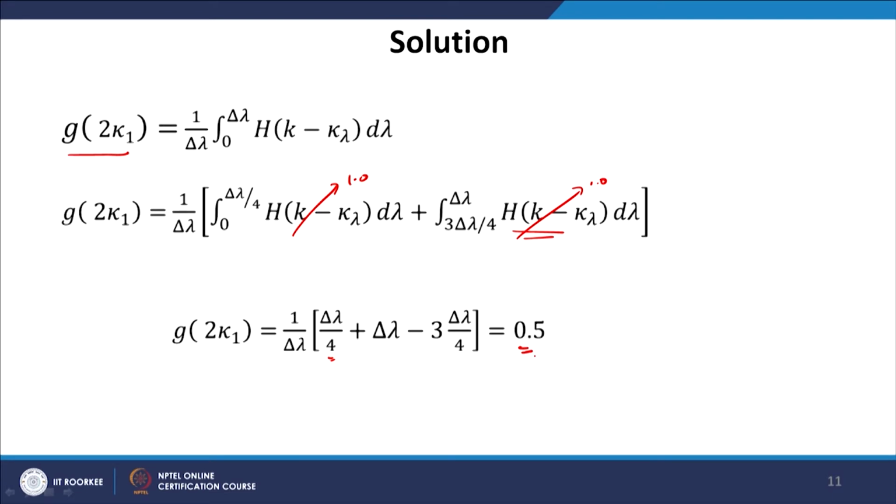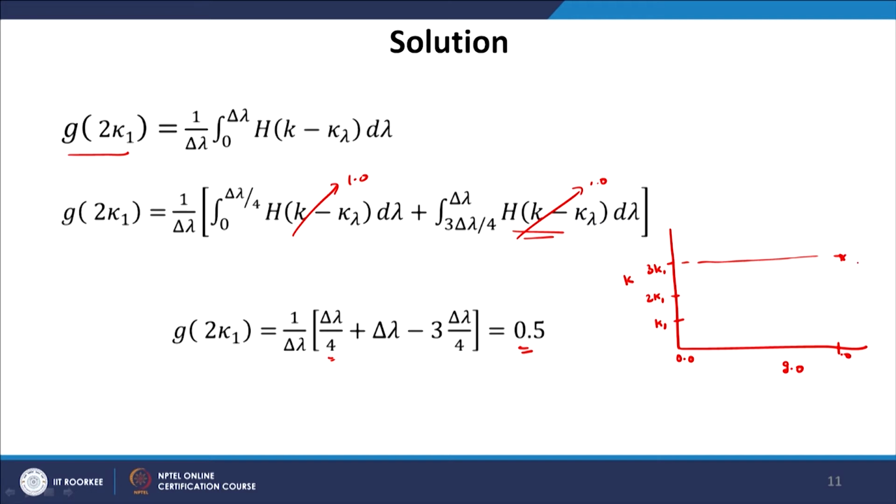So, we have obtained the k distribution, and we can plot it here. This is the value of g on the x axis and the value of k on the other. So, k is kappa 1, 2 kappa 1 and 3 kappa 1.